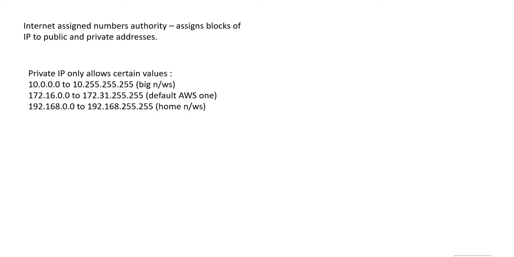So let's look at the topic of what is the Internet Assigned Numbers Authority, IANA. This authority assigns blocks of IPs to public and private addresses. Private IPs only allow certain values, these three, starting from 10.0.0.0. This is for big networks, like if you have a big corporate and you want to set that up.